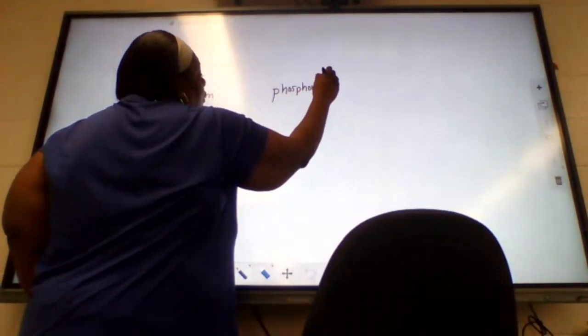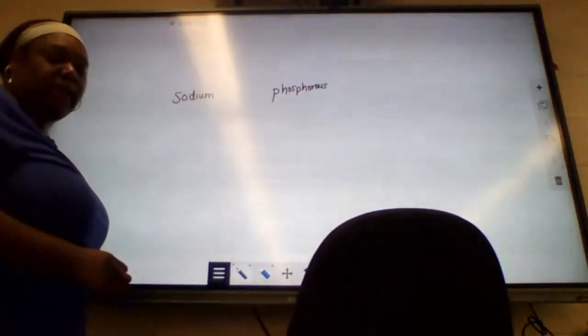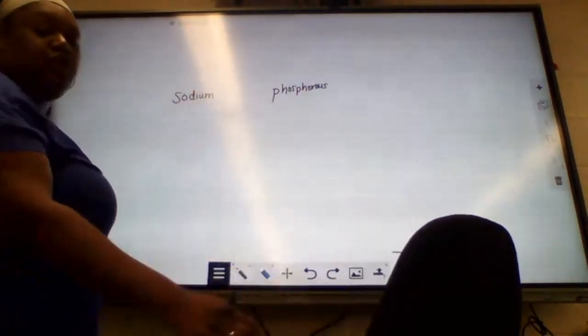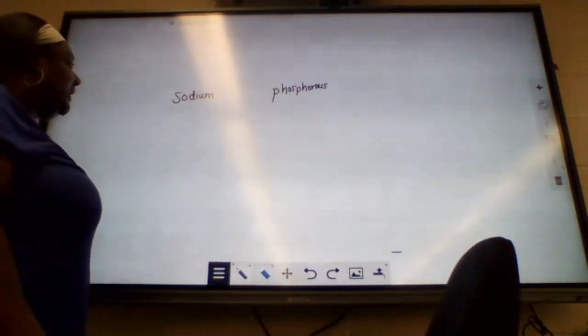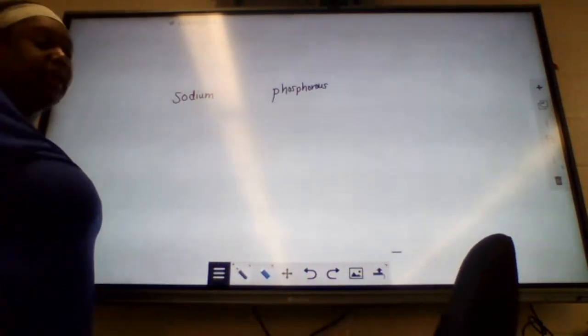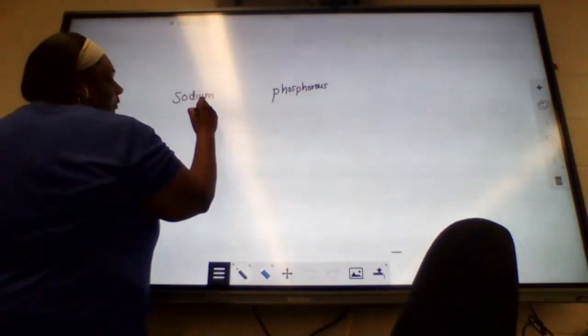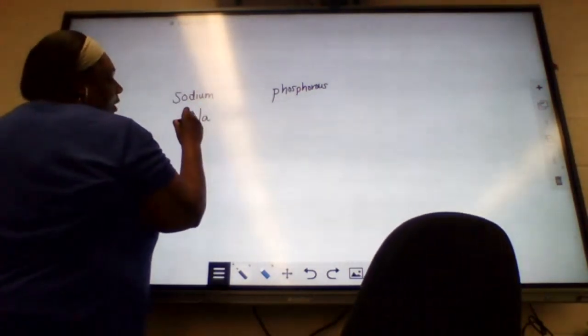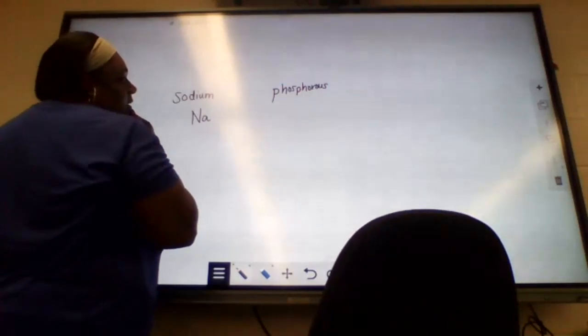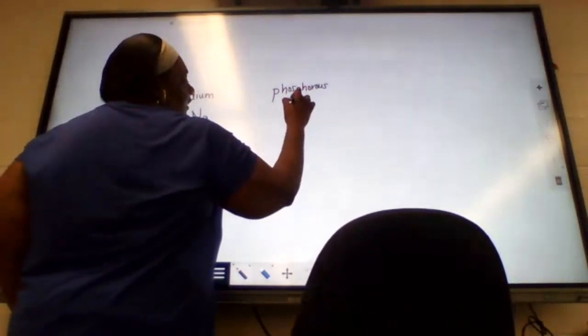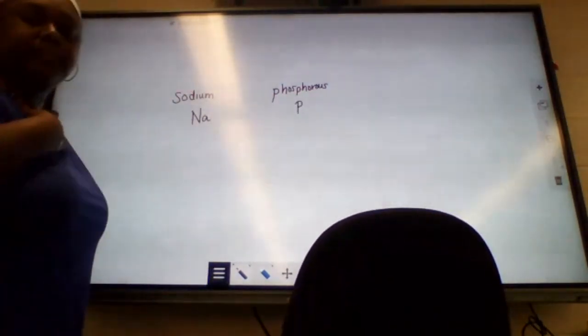So the very first thing you want to do when you're writing an ionic compound is you want to be able to write the symbol for each one of your elements. So we know from the periodic table that the symbol that represents sodium is a capital N and a lowercase a. And we know the symbol that represents phosphorus is a capital P.